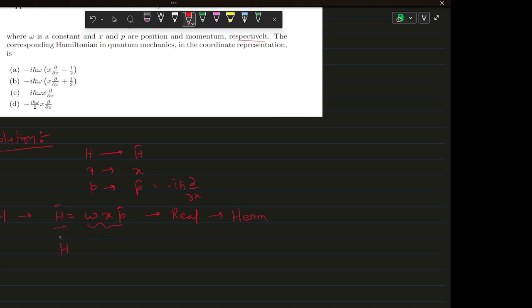Let's check it. H cap dagger is equal to ω (x p cap) dagger.